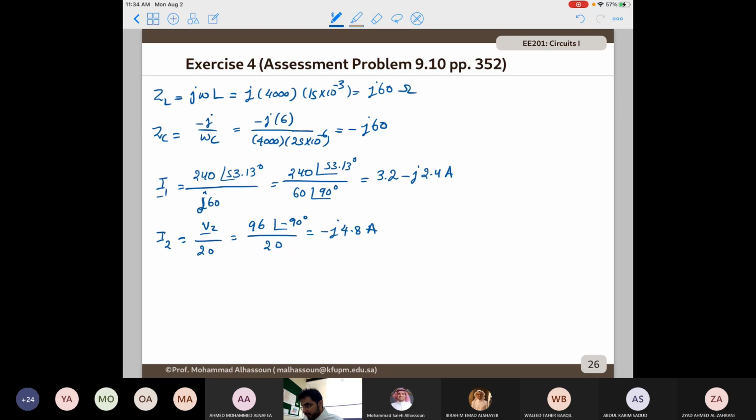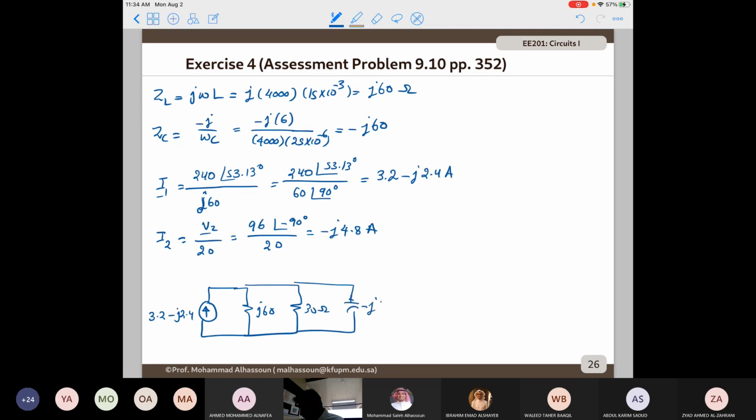Now I need to draw the circuit here. The current source is going to be 3.2 minus j2.4. I have j60, I have 30 ohm, I have negative j60, I have 20 ohm, and I have minus j4.8.